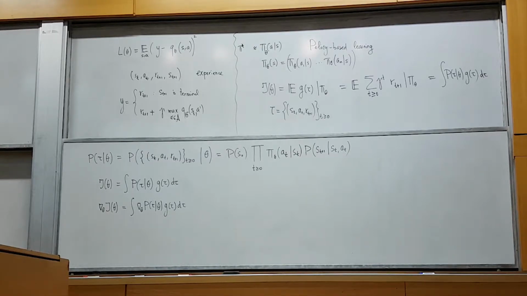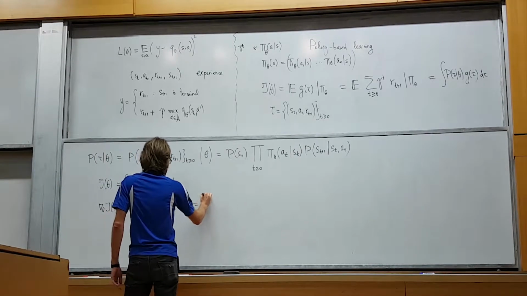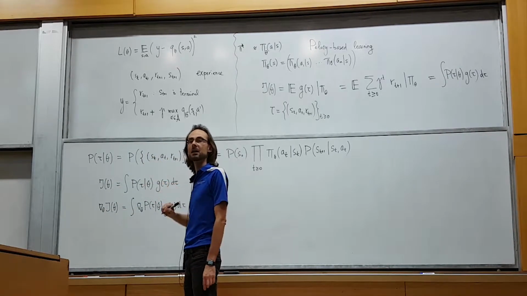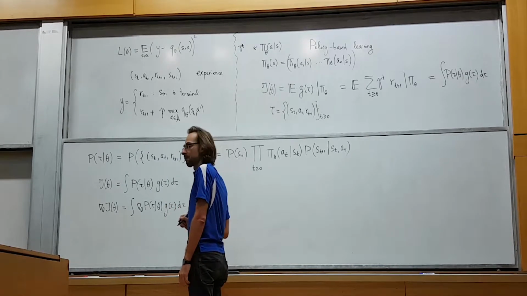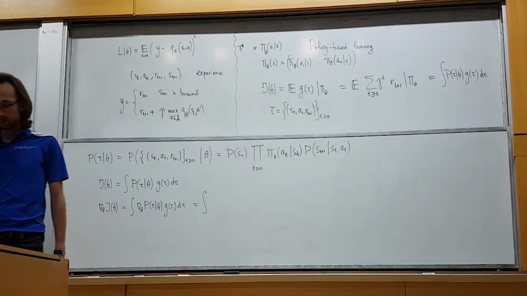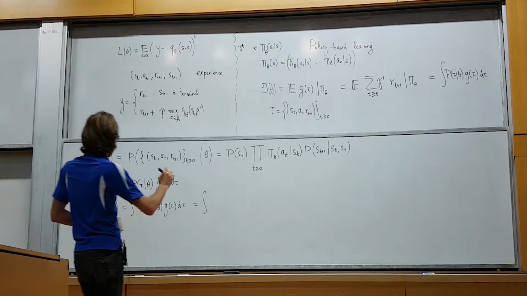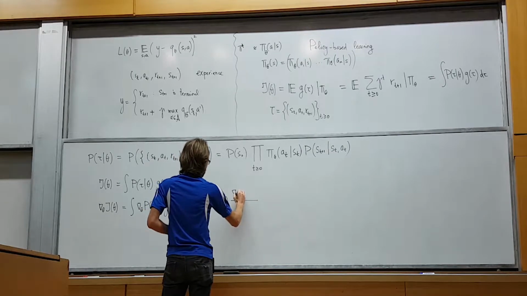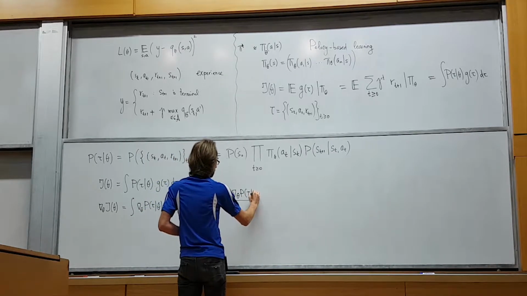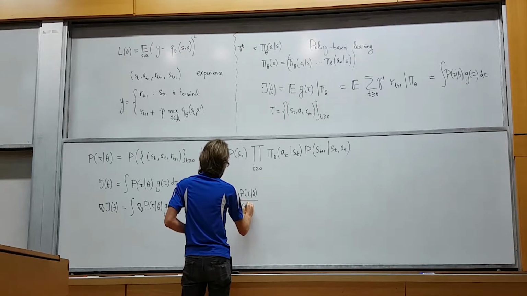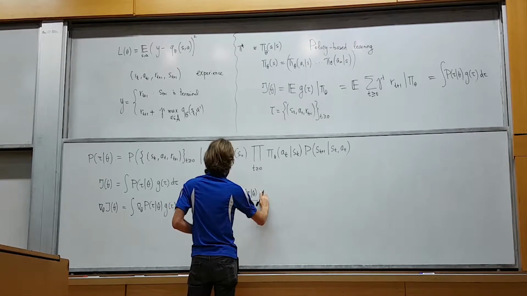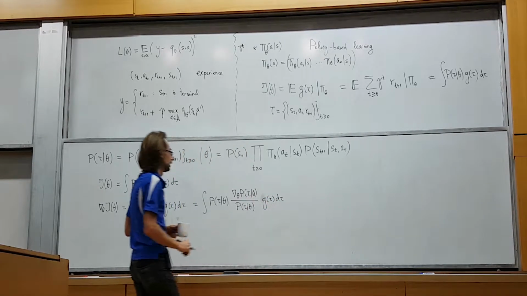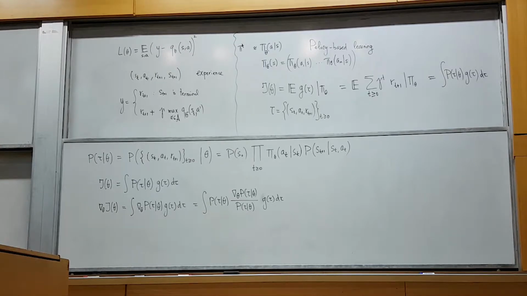But let's do the following trick. Under the integral, I'm multiplying everything by P given theta and dividing everything by P given theta. Okay, so basically I will have this P given theta, gradient of P given theta over P given theta, times G, which doesn't depend on theta.